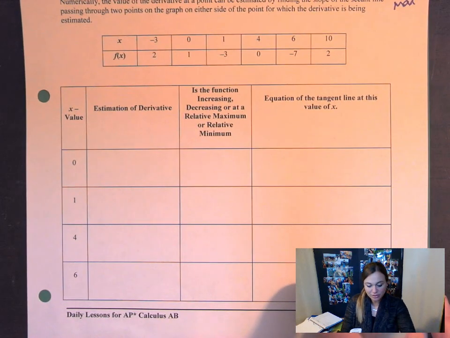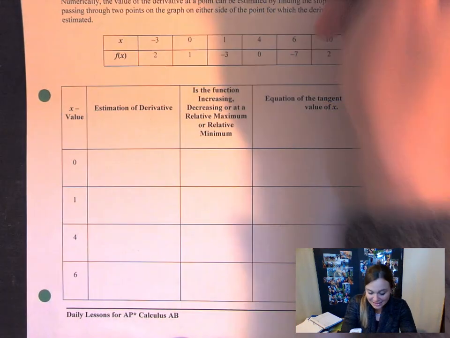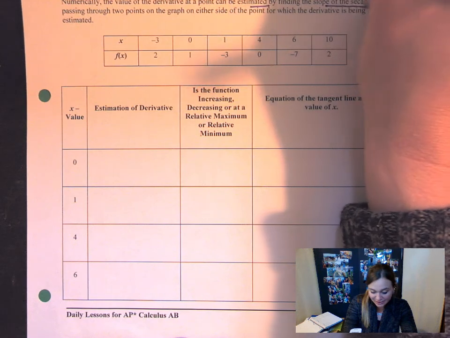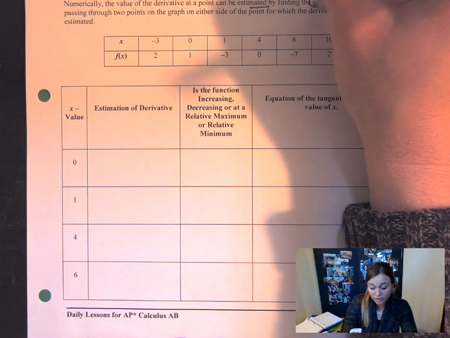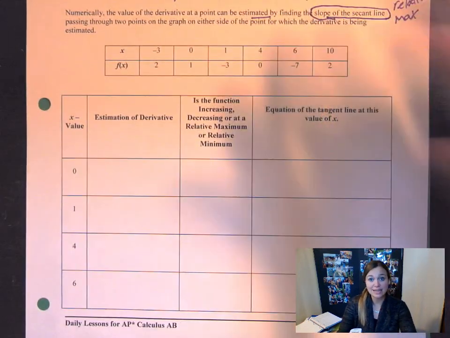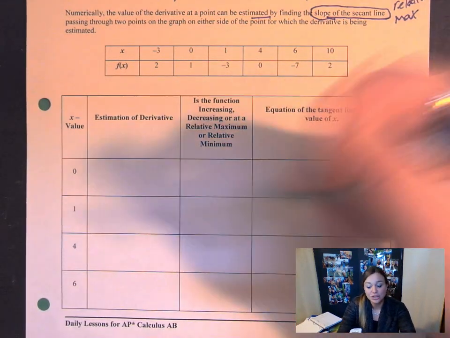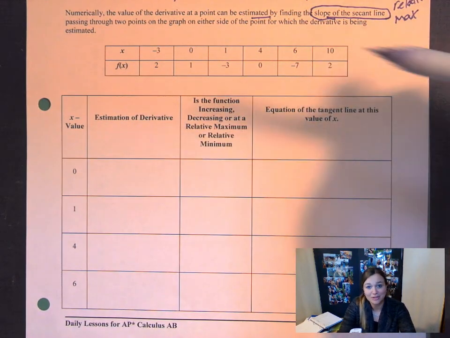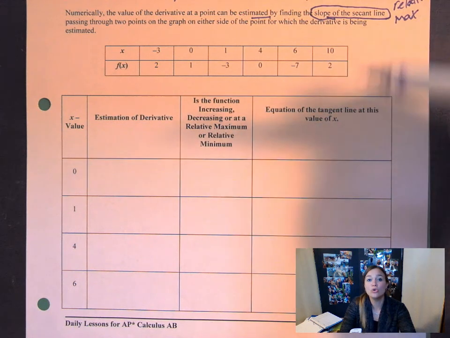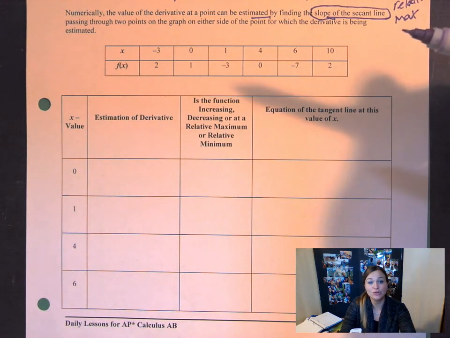Okay, so numerically, the value of the derivative at a point can be estimated by finding the slope of the secant line. So if you can't come in first place with the slope of the tangent line only touching once, the next best thing is to come in secant place. If we just have a table, so we're doing this numerically, what is the closest I can possibly get to finding the derivative?